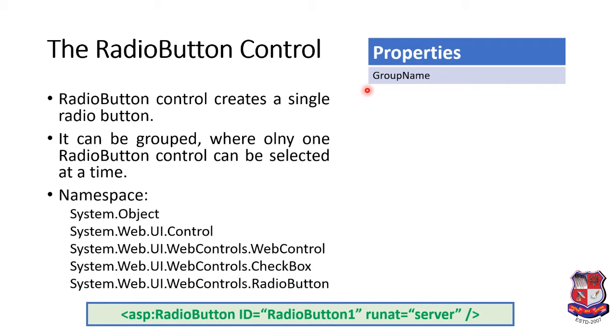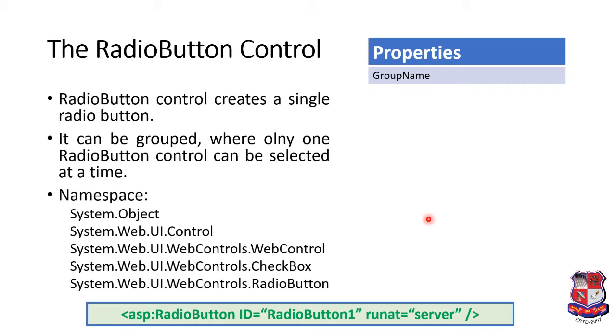We'll discuss a single property of the radio button because many things are derived from the checkbox, so we already discussed them. The main property we have to discuss over here is GroupName. It is used to obtain the name of the group to which the radio button belongs. Okay, we can see an example of this radio button: asp:RadioButton ID equals RadioButton1 runat equals server.